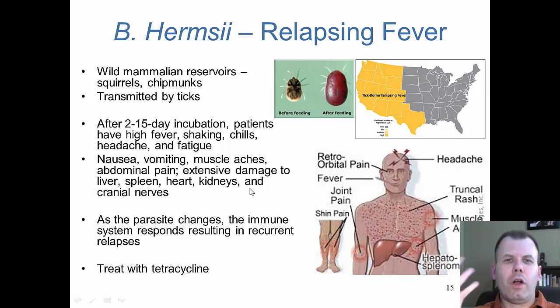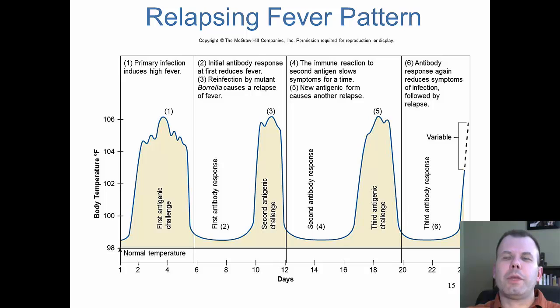And again, it's all about hiking and traveling out. If these are the things that you see, or the history of this, or this is what your patients have been experiencing, then you can associate, oh, maybe it is a tick-borne infection. Now, what else is also in common is this relapsing fever. You go through these periods where you get abnormally high temperatures, and they keep coming back and back and back.